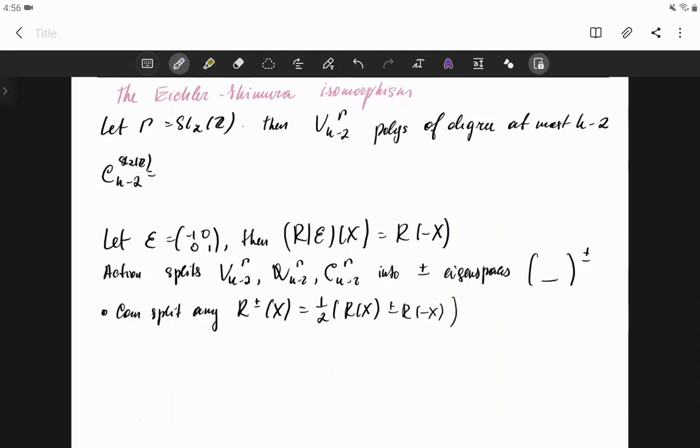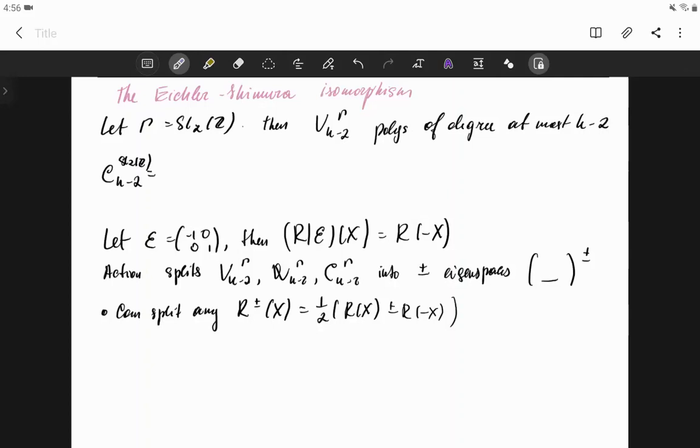It will just reduce some of my notation, although the Eichler-Shimura isomorphism works in other cases as well. Then we had a bunch of reductions, right? We had V sub k minus 2, then V sub k minus 2 tilde, then V sub k minus 2 gamma. In any case, when gamma is SL2Z, V sub k minus 2 gamma is just the polynomials of degree at most k minus 2. It really simplifies the situation a lot.